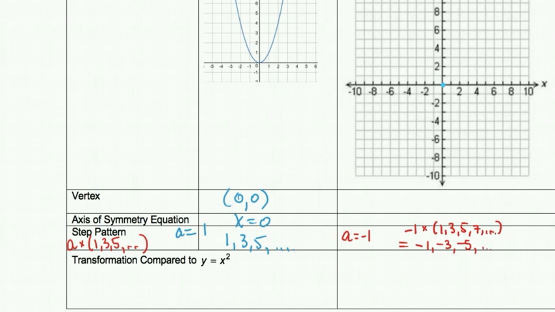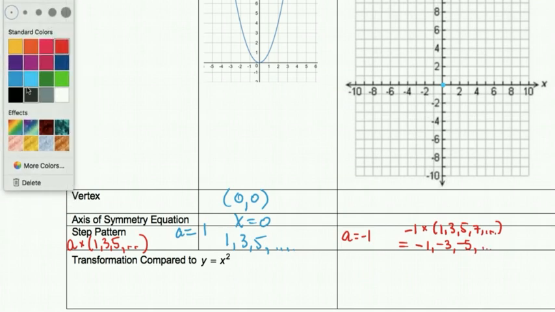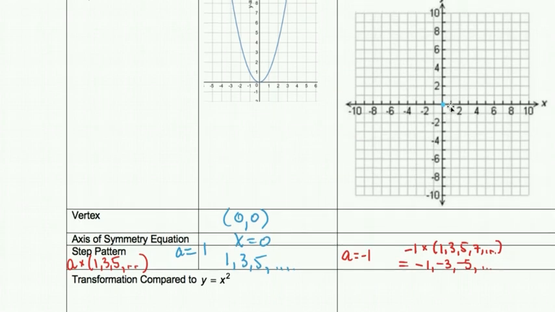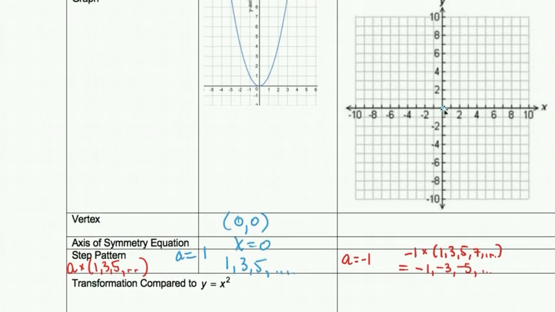So if we go and graph this now, how does that look? What you're going to do here is, again, look at the vertex. Okay, we determined that this didn't move left, right, up, or down, so the vertex is here. We always go over 1, and then we went up 1, over 1, up 3 before. But the step pattern here is saying over 1, negative 1, over 1, negative 3.